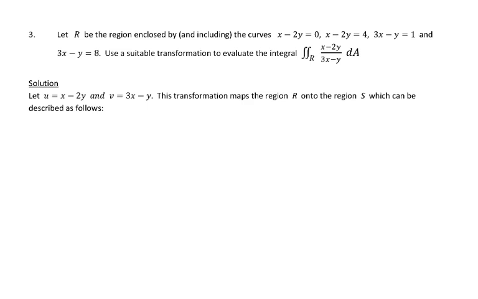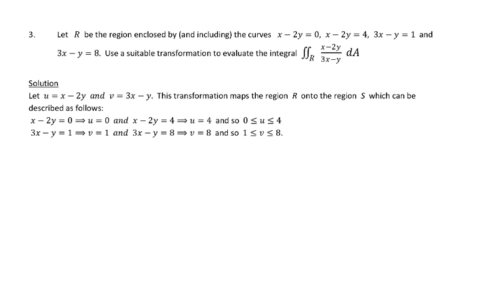It therefore makes sense to let u equal x minus 2y and v equal 3x minus y. Let's see what happens with the region R with this transformation. The first two given curves, namely x minus 2y equals 0 and x minus 2y equals 4, become u equals 0 and u equals 4. So u simply lies between 0 and 4, endpoints included.